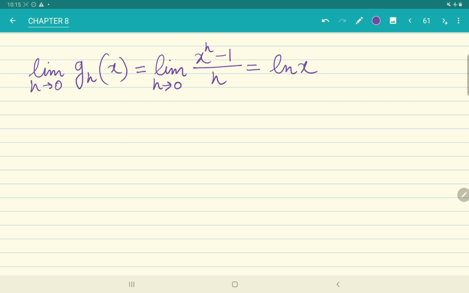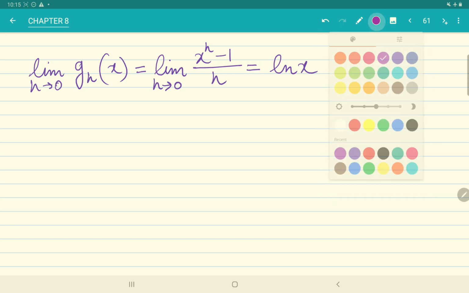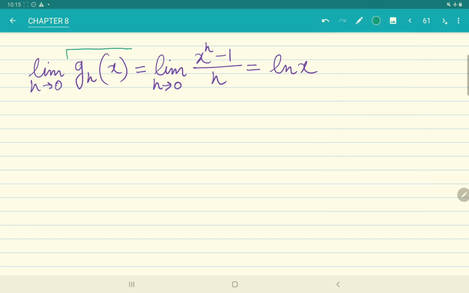What does this mean? This means that ln x is bounded above by each of the functions g h of x. That just means that g h of x tends to ln x as h tends to 0. And we are going to understand this now.